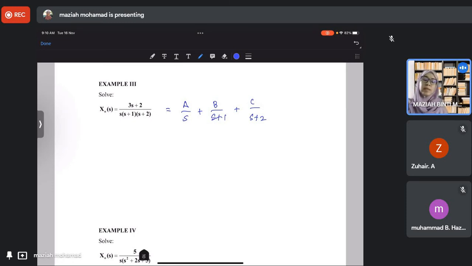Okay, basically this one may be in form of S square plus 3S plus 2. Okay, but since we're able to factor it, so we need to factor it. Okay, and then you're just going to solve for A, B, and C using a reminder theorem. Right? Example 3 is very basic, very straightforward because we already did all the steps in the previous examples 1, 2, and 3.